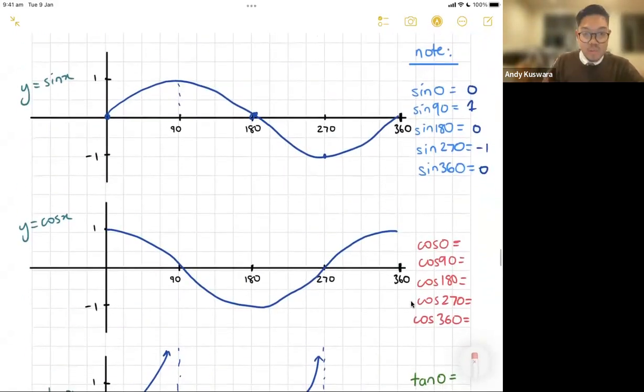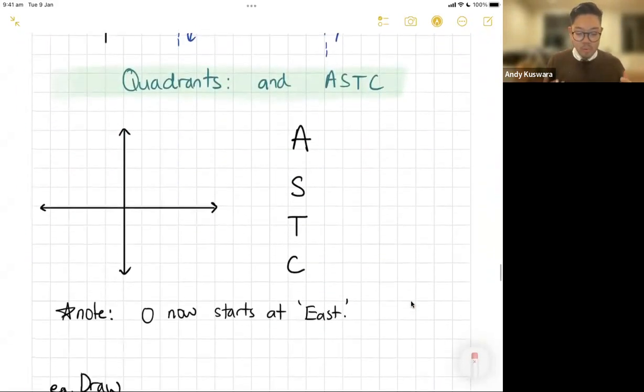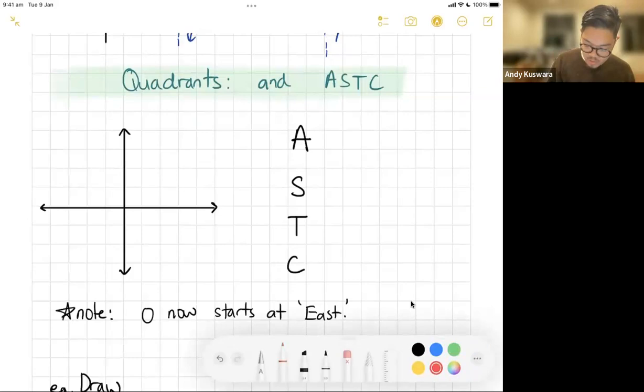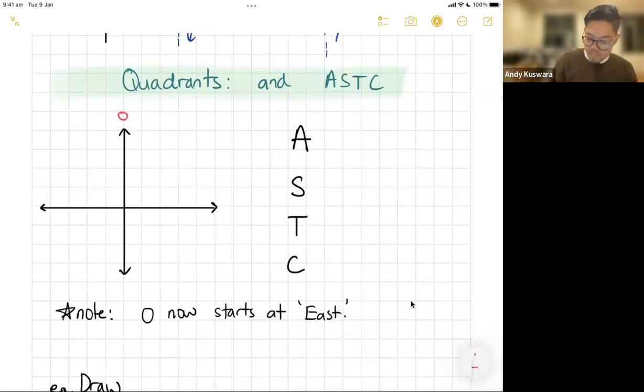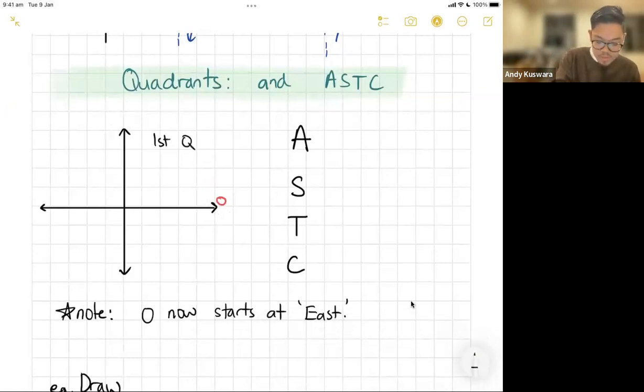Now that we understand a little bit about what they look like as graphs, it makes a lot more sense when we start talking about these quadrants and all stations to central. The first thing I would note is usually we would start at 0 degrees up top. But we're actually going to start here, because this becomes our first quadrant.